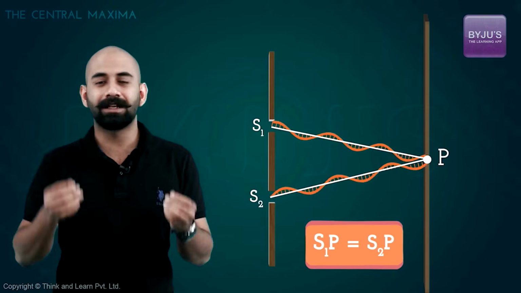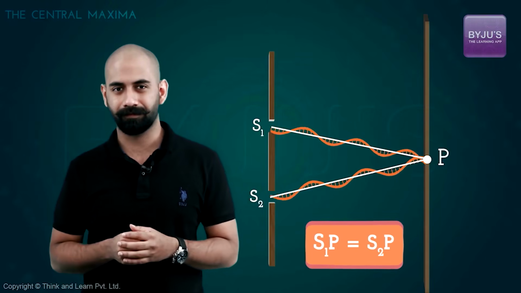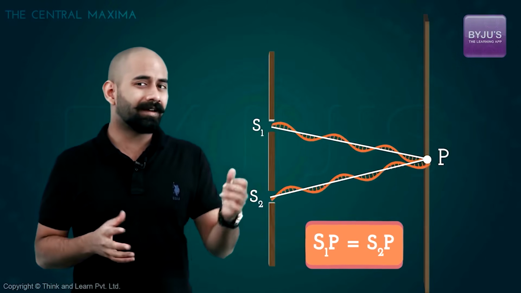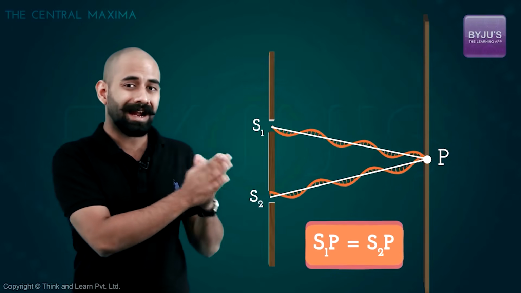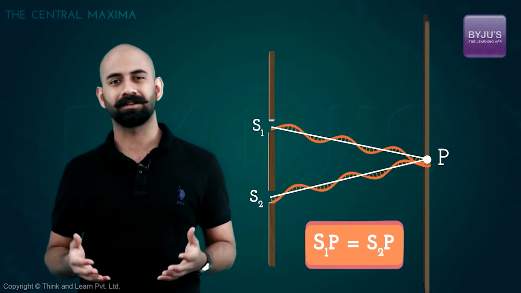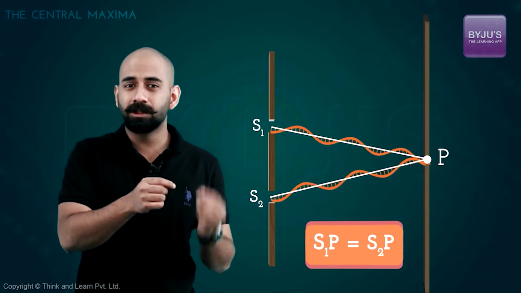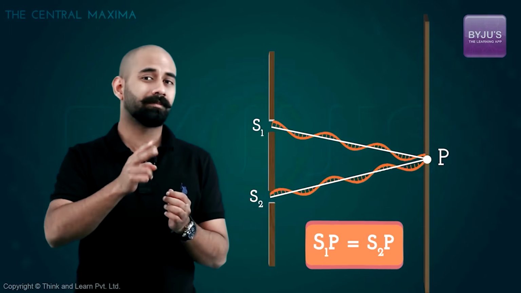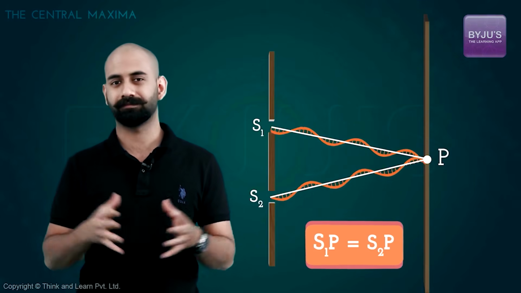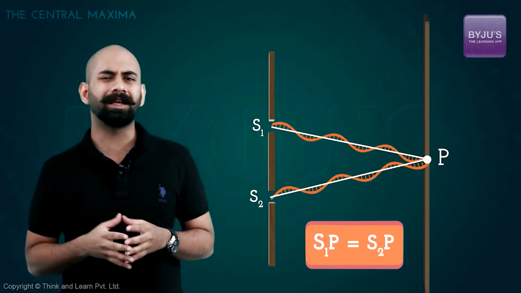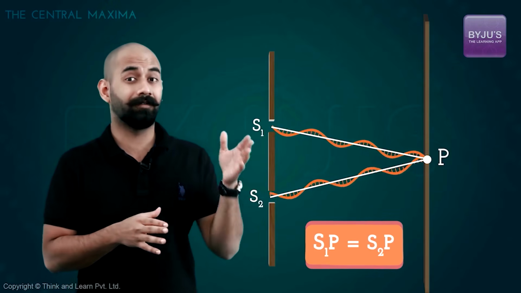The interference will still occur at that point. If I had a device that measured the electric field at that point, it would measure the sum of the individual electric fields contributed by both these waves. And what would be the amplitude of the electric field at that point?